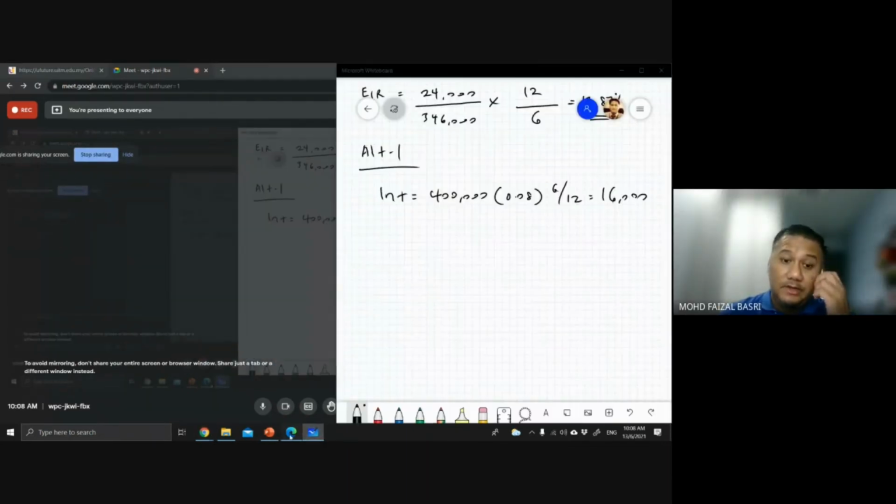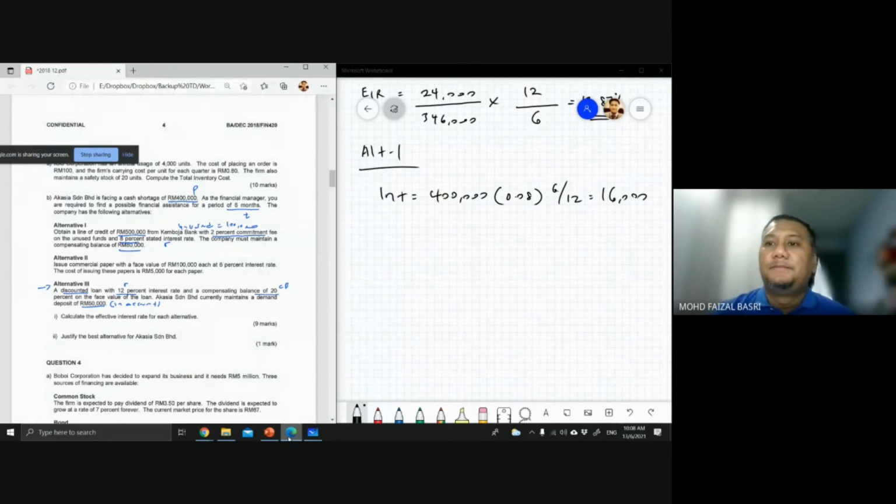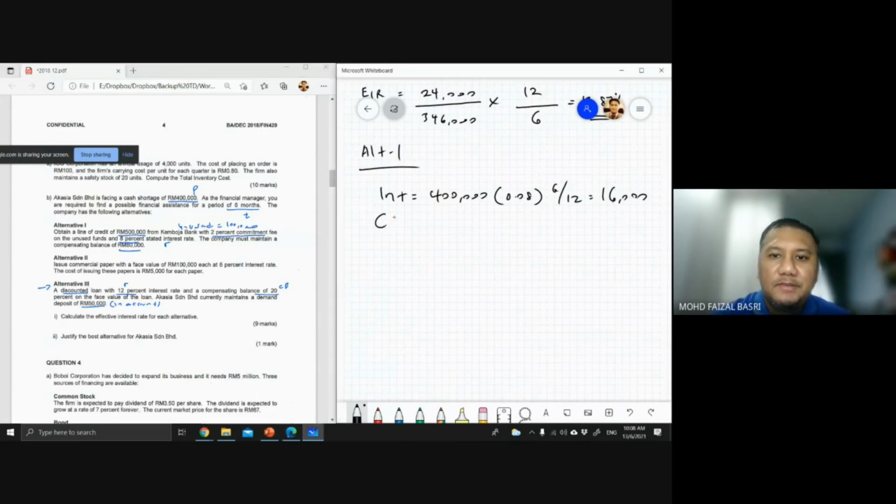Okay, sorry. Now, so our interest will be 16,000. Nampak ni? And we have commitment fees. Okay, and the commitment fees is based on the unused. So unused is 100,000. And the rate of unused will be 2%. Okay, 0.02.